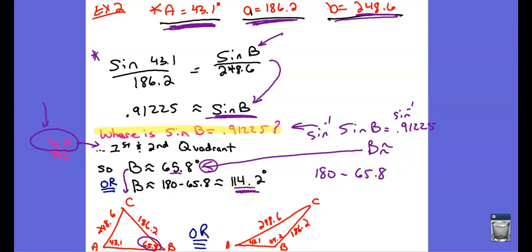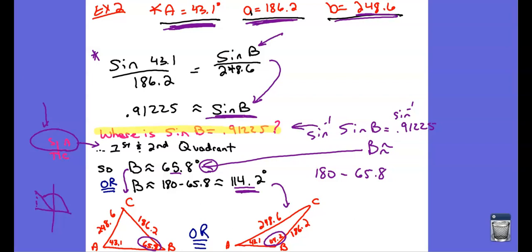So angle B actually could be 114.2 degrees, because remember, you're always dealing with the reference angle. If you look at this triangle, I'm drawing angle B as 114.2, side A is still 186.2, angle A is 43.1, and so you can do this whole same scenario.